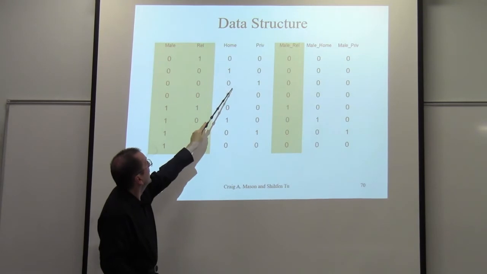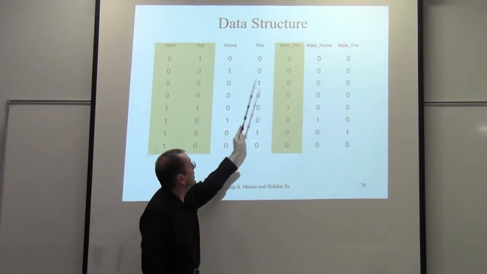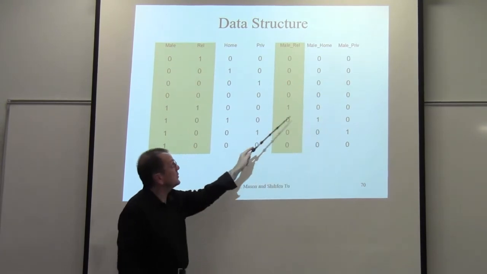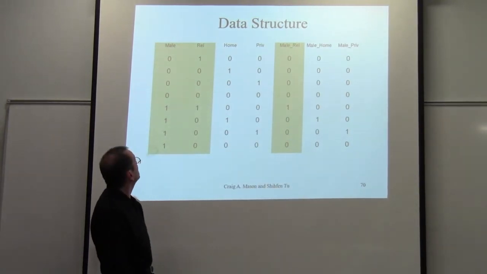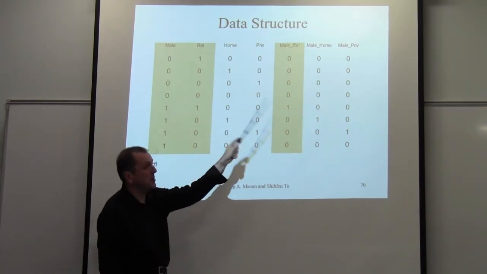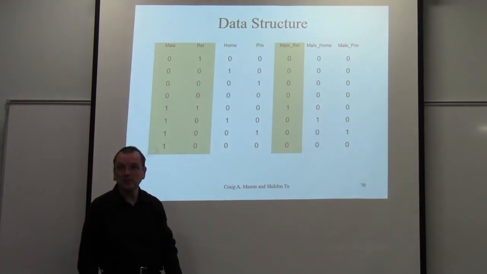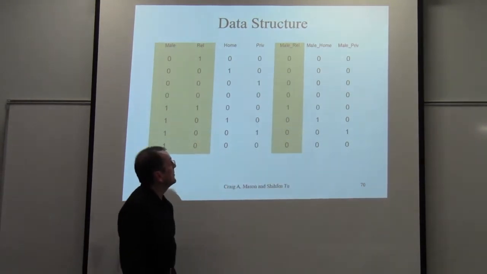Female in a private school, 0 times 0, 0 times 0, 0 times 1 is still 0. So for female, notice they're all still going to be zeros. And female in the public school is all zeros times all zeros, so 0. So for female, everything over there is 0.